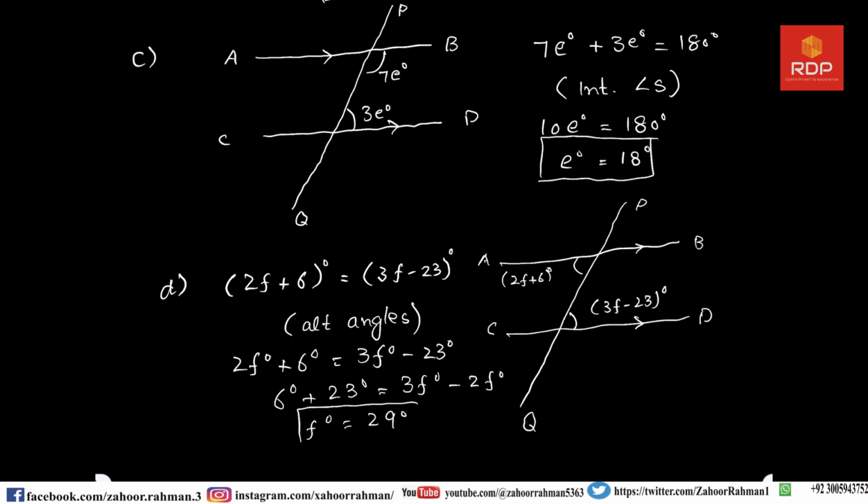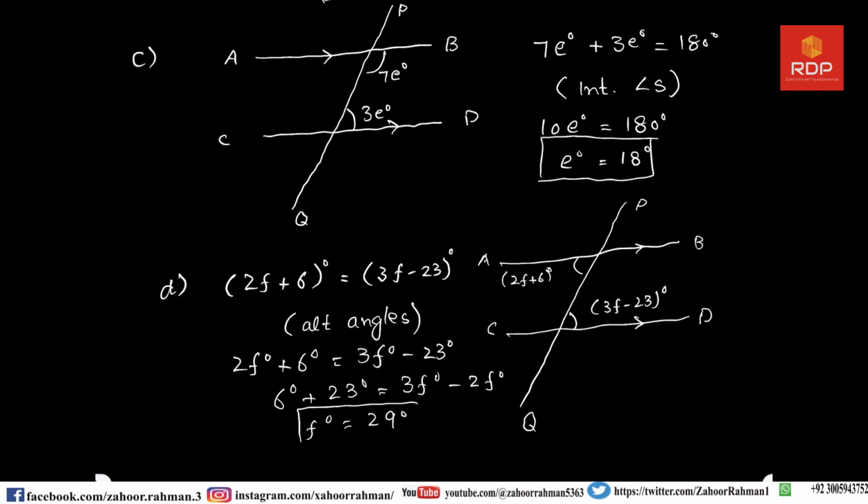Now ladies and gentlemen, another question in which AB are parallel lines and there is a transversal line called PQ. Two angles are given, 3e degree and 7e degree. We have to find the value of e.